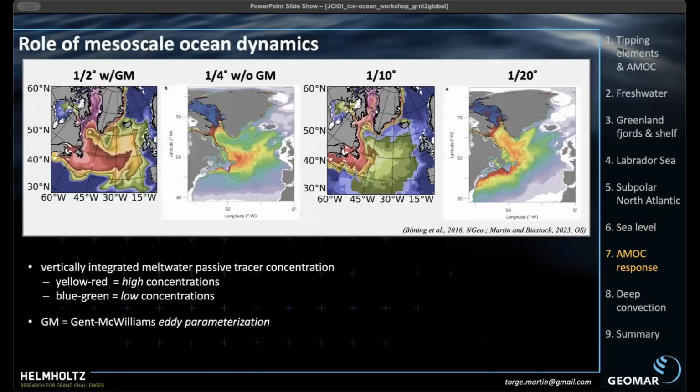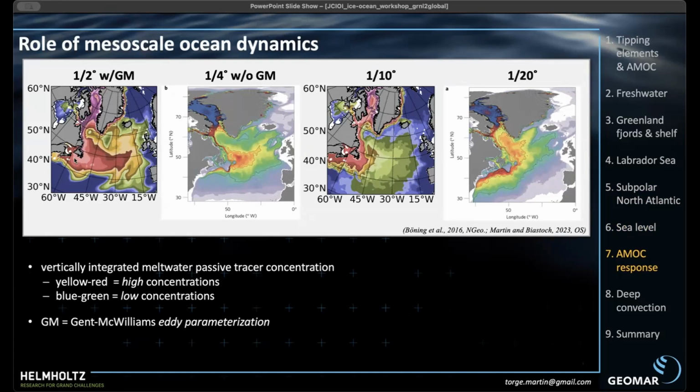And one other issue about boundaries, scale and resolution I wanted to mention, because this is a nice combination we can do now with the model runs of Claus Böning and group in 2016. The colors you see are just meltwater tracer from Greenland, so you don't need to bother about the details. Red is a lot of meltwater, green is not so much meltwater, and it's after a few decades of meltwater release.